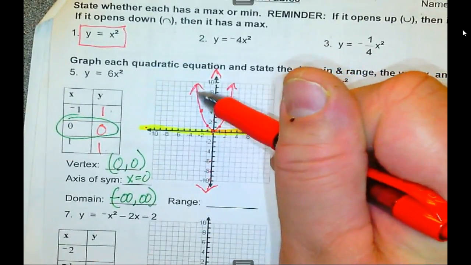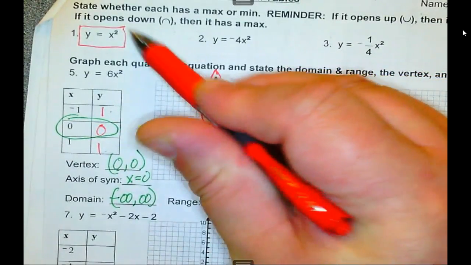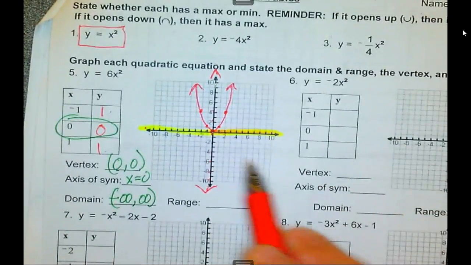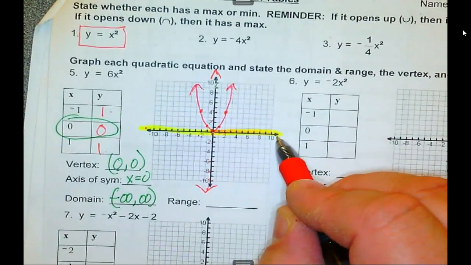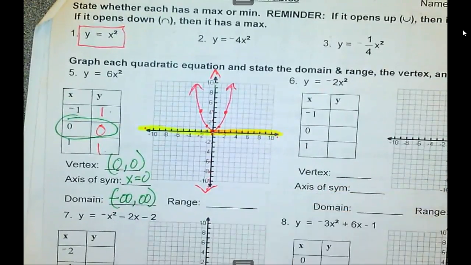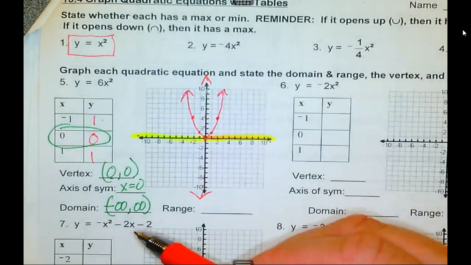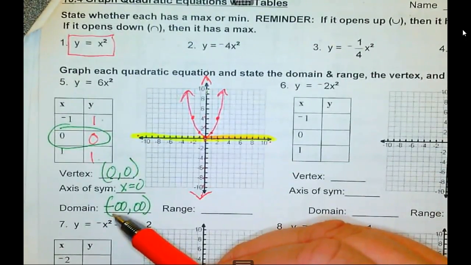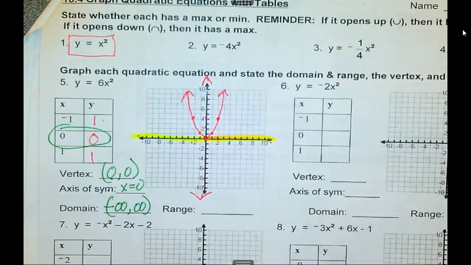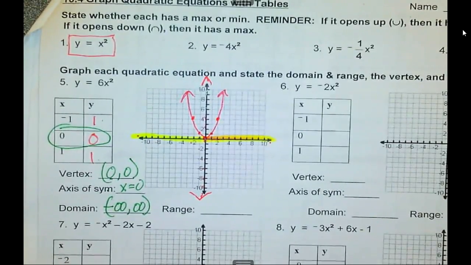If you think of this as bending out a little bit more, it does go off into infinity for the x values. Same thing as I go to the right. That's why in this class, and even in Algebra 2, all your domains for parabolas are -infinity to positive infinity. It's not until you get to pre-calc that you're going to do different domains for parabolas.